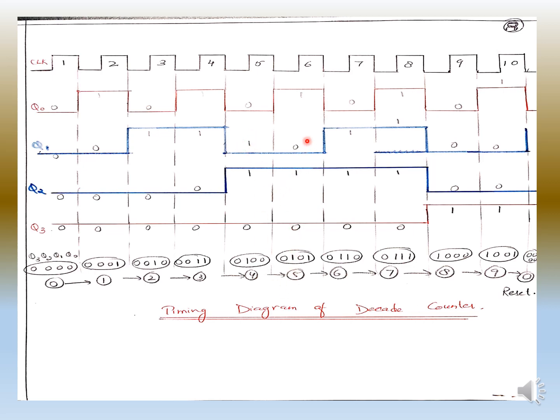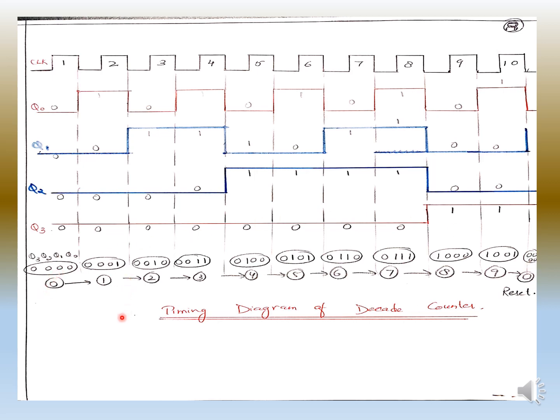Then 0, 1, 0, 1, 0, 1, 1, 0, 0, 1, 1, 1, 1, 0, 0, 0, 1, 0, 0, 1 and last is 0, 0, 0, 0. So basically it is counting 0, 1, 2, 3, 4, 5, 6, 7, 8, 9 and after 9 it is counting 0. It is reset to 0 and then again the cycle continues.